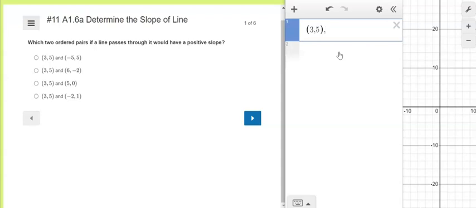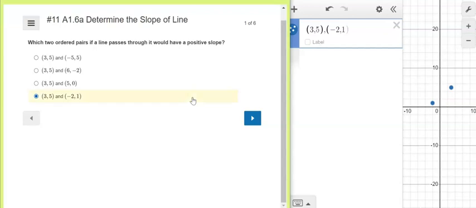That one has a negative slope, it's going down. That one also has a negative slope. The last one has a positive slope, it is going up. So that's the one I want.